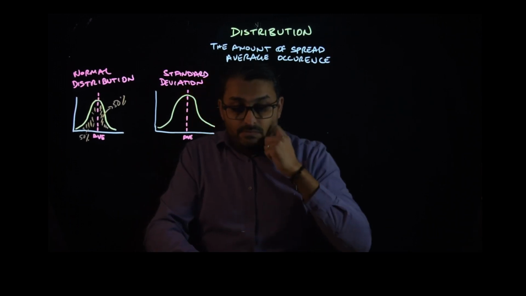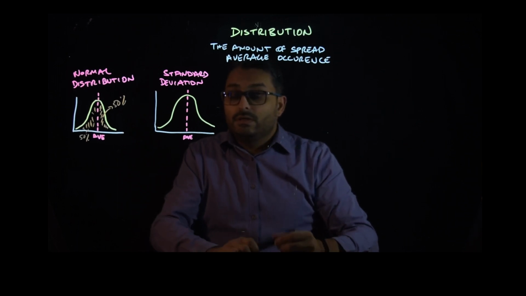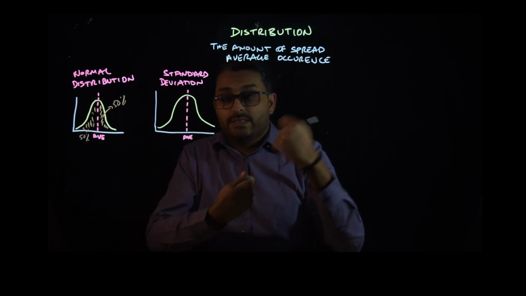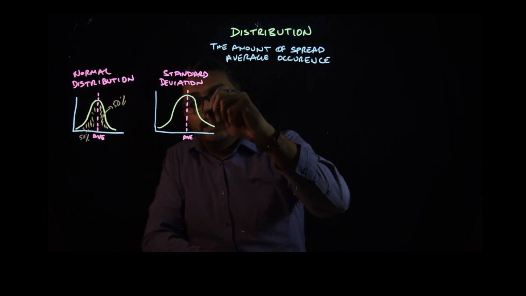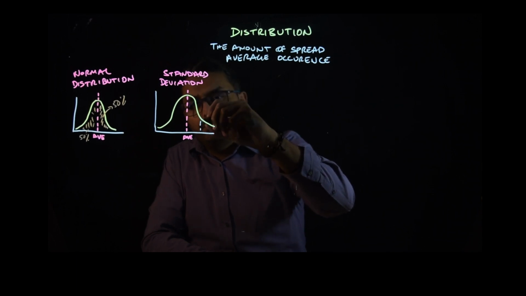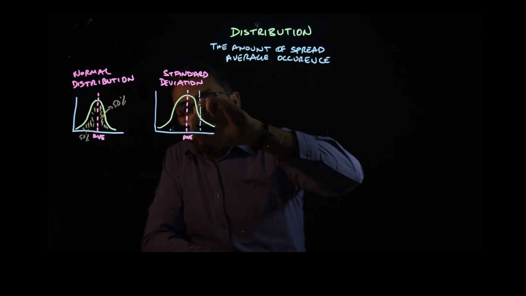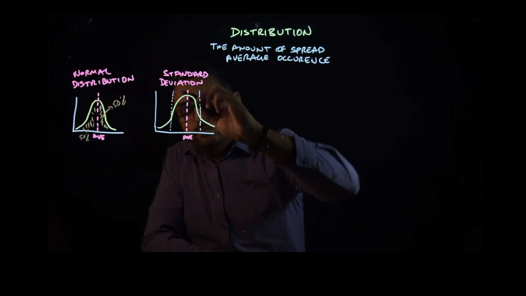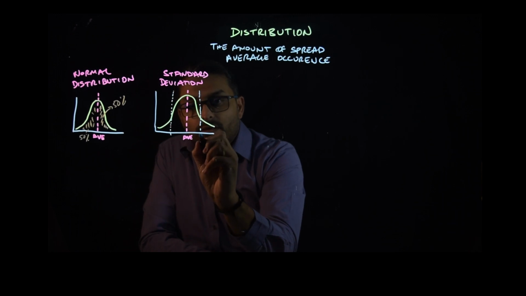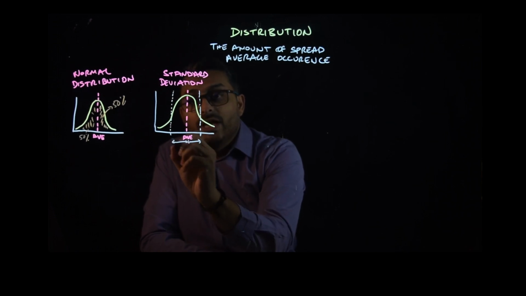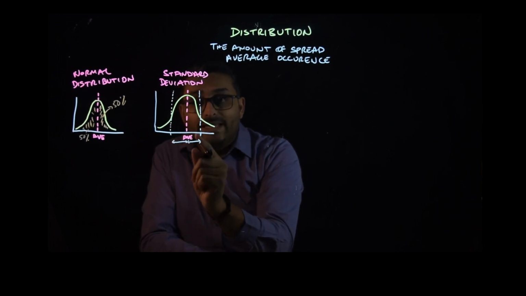Then this vertical line here, and this vertical line here, these 2 points are equal distance from the average, and this represents one standard deviation.